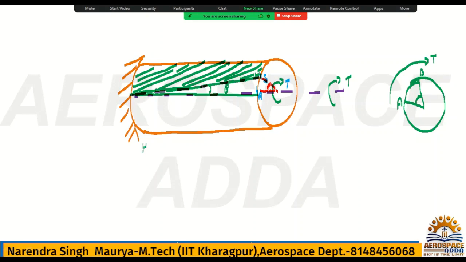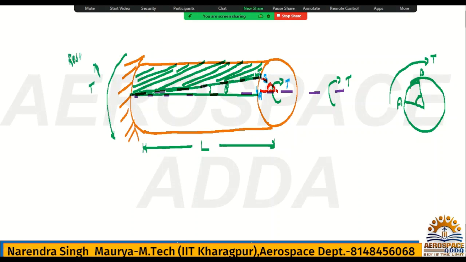Say the length of the shaft is L. Obviously the shear loading will be acting here. If you apply torque in this way, this end is fixed, so the resisting torque will be like this. This torque T will be the resisting torque, and this is the applied torque here.